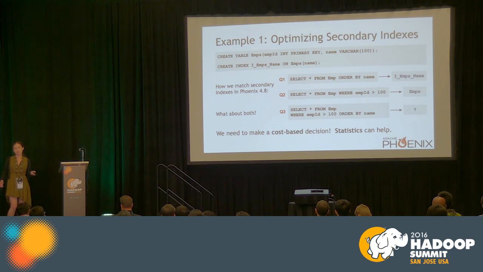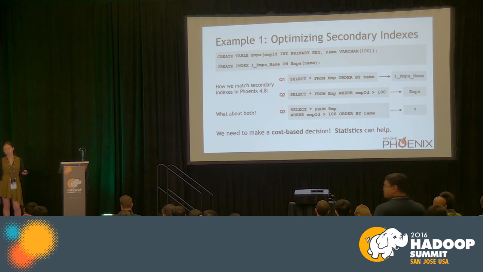Based on the byte count or row count, we can cost the table scan operation together with the sort operation, for either approach. And in the end, we'll be able to figure out which table is going to give us an overall lower cost.